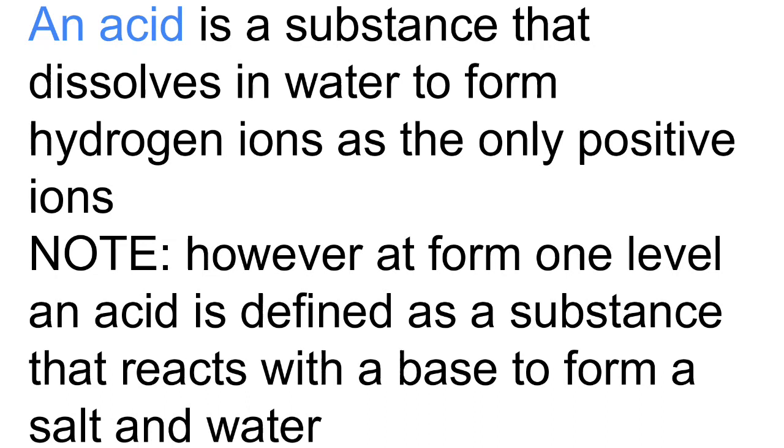That will be a very correct definition of an acid, but at the Form 1 level. As you move higher, you can use the other definitions we have talked about: a substance that dissolves in water to form hydrogen ions as the only positive ions, or an acid is a proton donor.